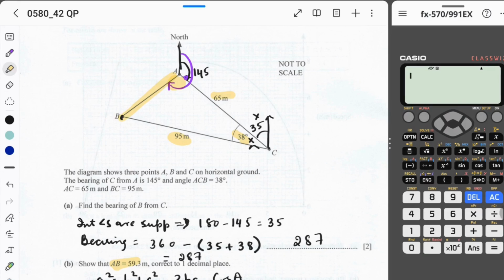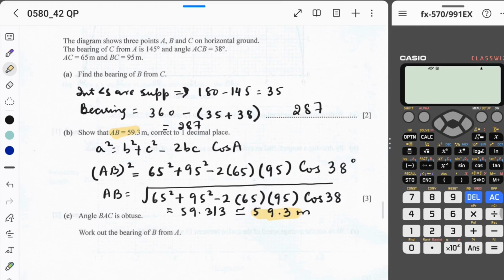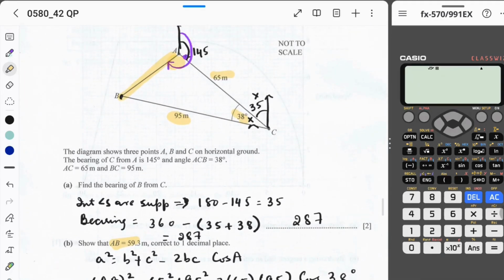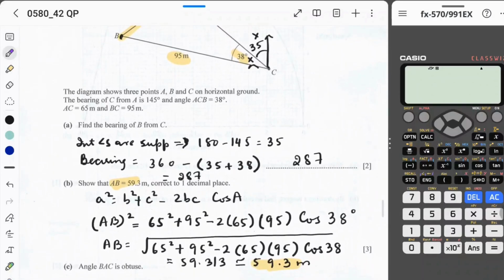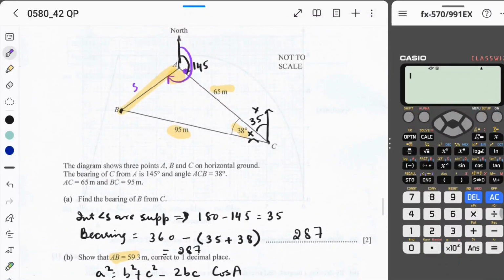According to the measurements, all three sides are there and one angle is also given here. You can use the sine rule or the cosine rule as well. So write down the measurement: this is 59.313. I'm writing some extra decimal places for accuracy. You can see three sides are there.